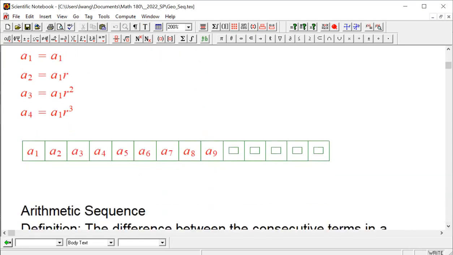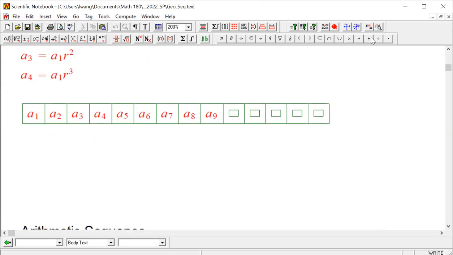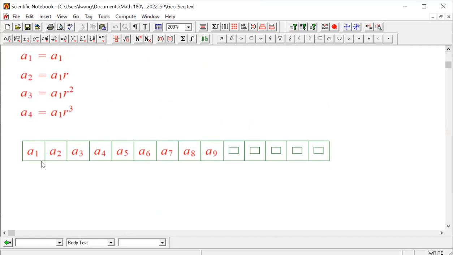So what do we see here? If we treat the first term a sub 1 as having index 1, 2 as the index for the second term, then 3, 4. A sub 2 is a sub 1 times r to the power of 2 minus 1, and 2 is the index here.